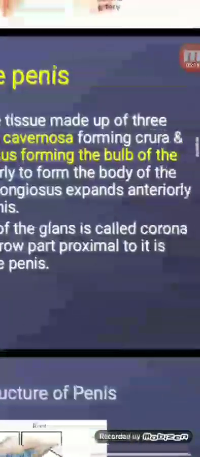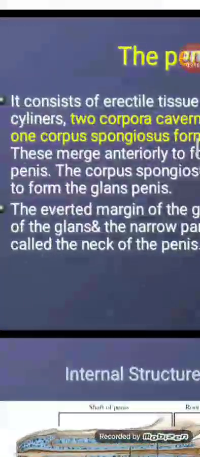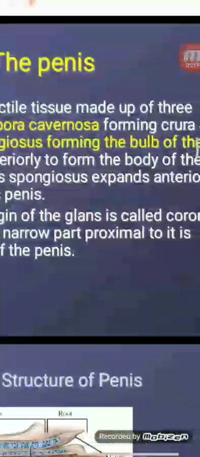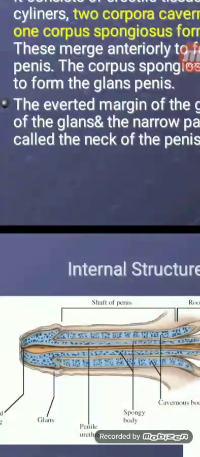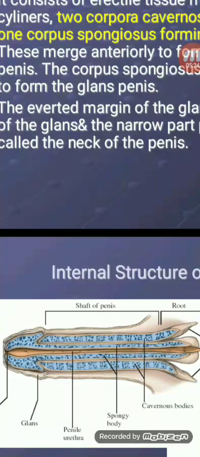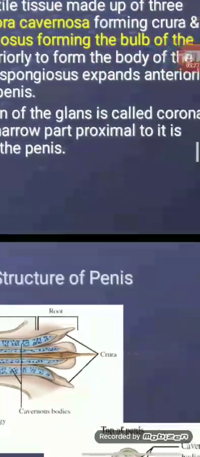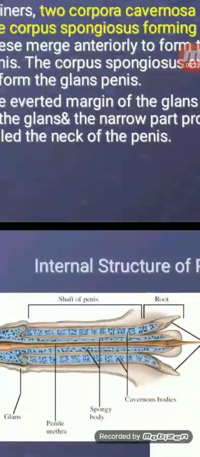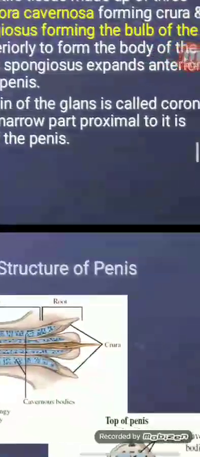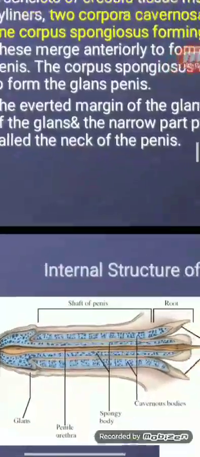They merge anteriorly to form the body of the penis, and the corpus spongiosum expands anteriorly to form the glans penis. The everted margin of the glans is called the corona of the glans, and the narrow part proximal to it is called the neck of the penis.